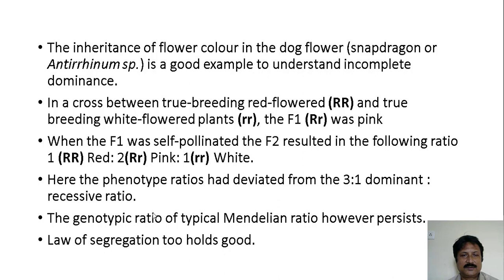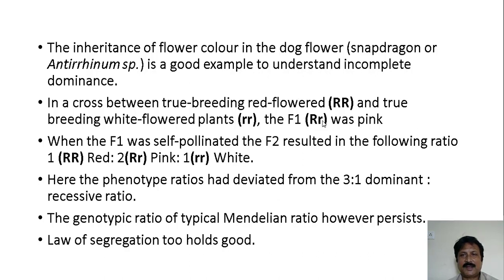Here, does the law of segregation apply? Yes, the law of segregation applies. How? Because if capital R and small r do not segregate, then from the pink flower you can't expect red flowers and white flowers in the F2 generation.